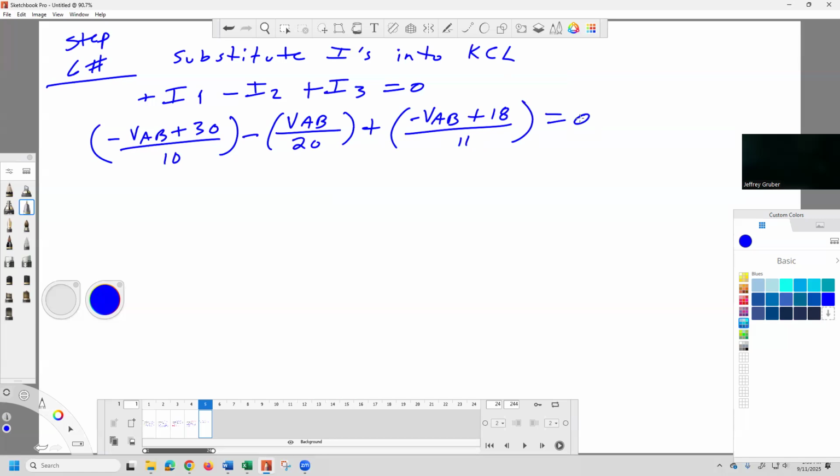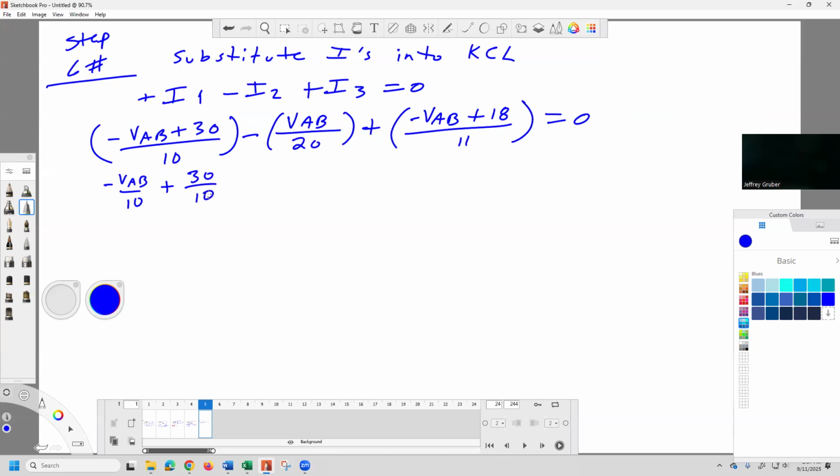Okay, so now let's just finish the problem and then I'll comment on this problem. The way that we solve this is we separate out these compound fractions. So we have minus VAB divided by 10 plus 30 divided by 10.